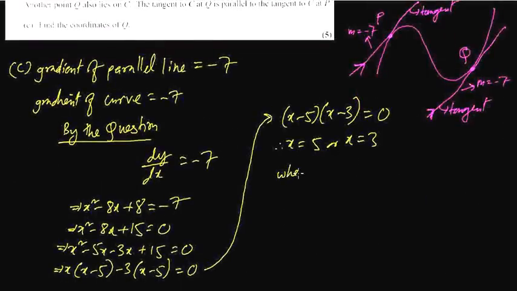So when x equals 5, y equals what? We need to find the y-coordinate because every coordinate has two values, x and y.